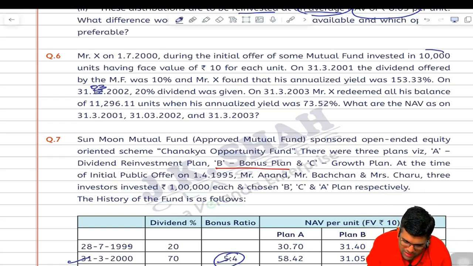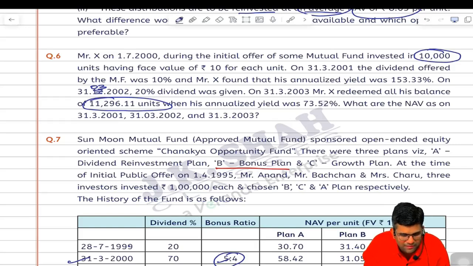Because you invested only 10,000 units, and when you are getting out, you are having 11,296.11. That is a hint that these dividends that were announced, you did not get cash, you got units instead of it. Everyone clear?